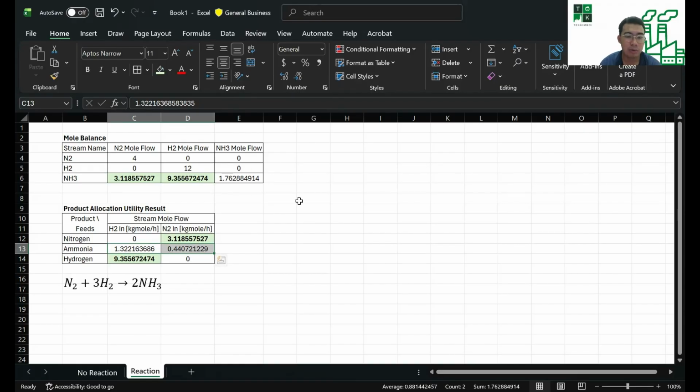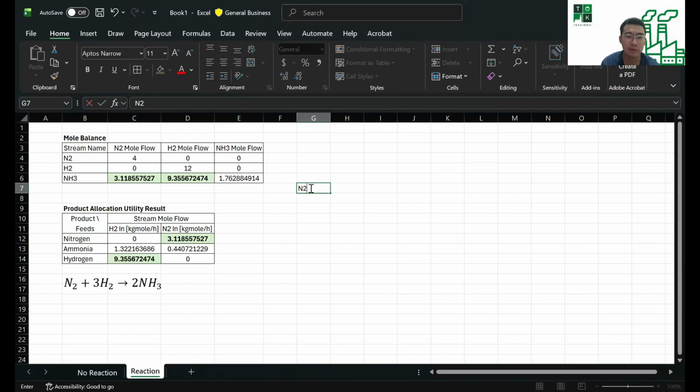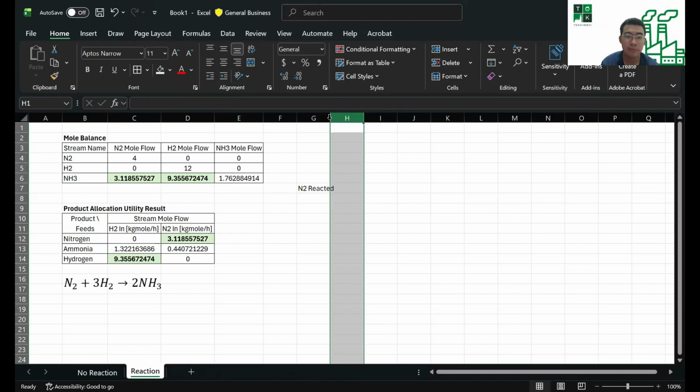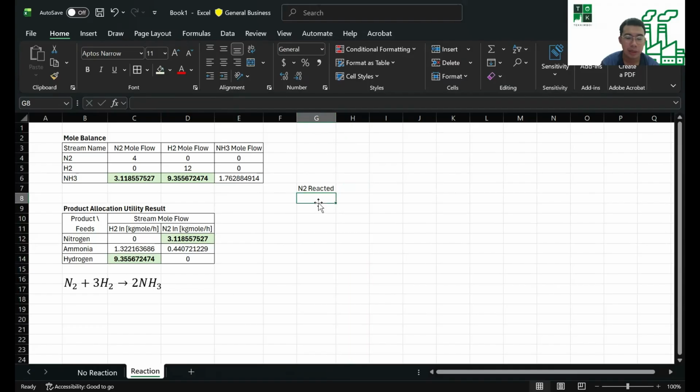Okay, so we can calculate the amount of N2 and also H2 reacted, because the contribution of the feed stream to the ammonia production is by how much the species is reacted in the reaction. Okay, so I want to create a calculation of N2 reacted and also H2 reacted.